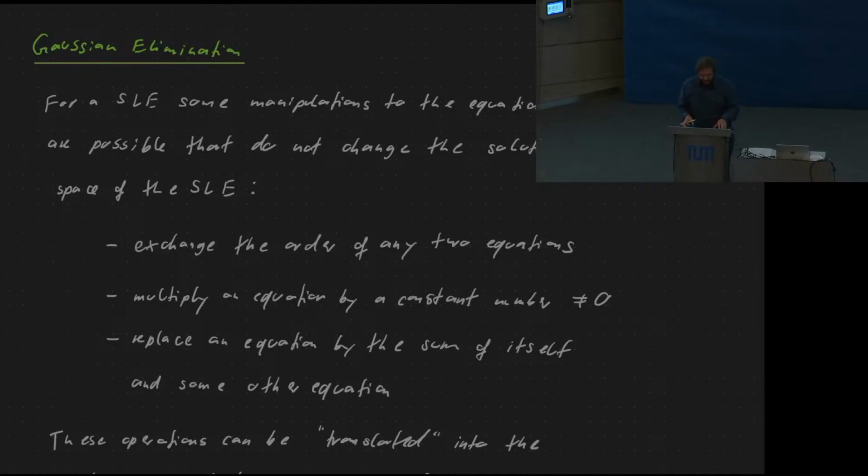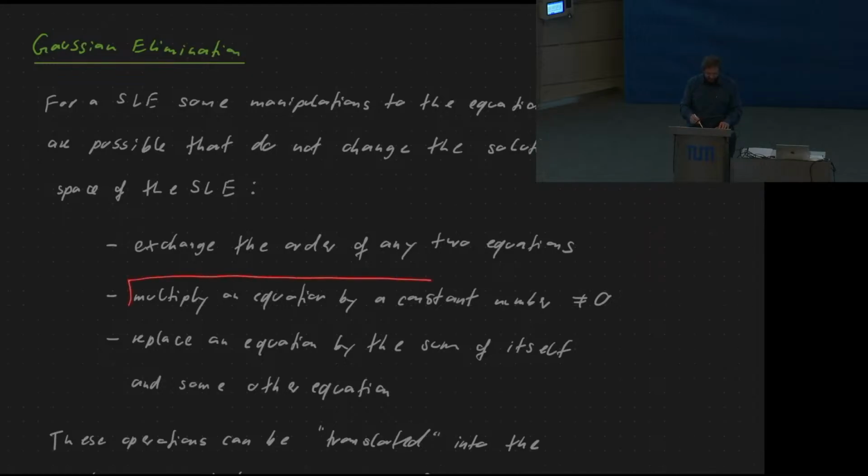And the key observation here is that there are some operations that you can use and apply to the system of equations without changing the set of feasible solutions. Most simple possibilities, you can just exchange the order of any two equations. It doesn't really matter in which order you write them, yeah? So sort them as you want.